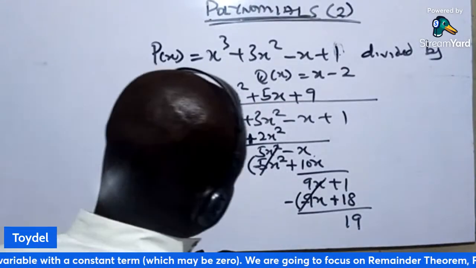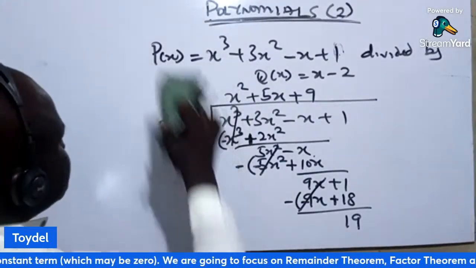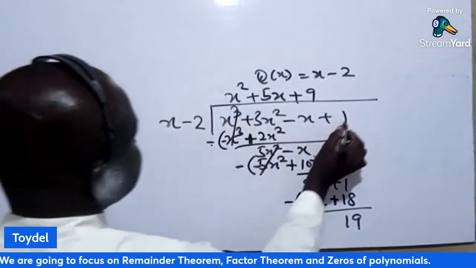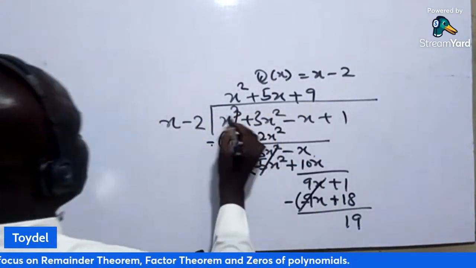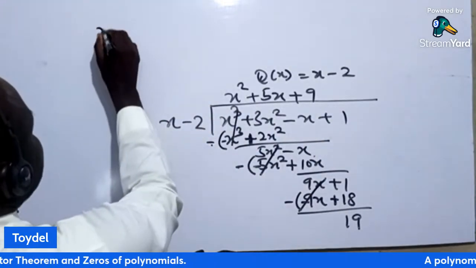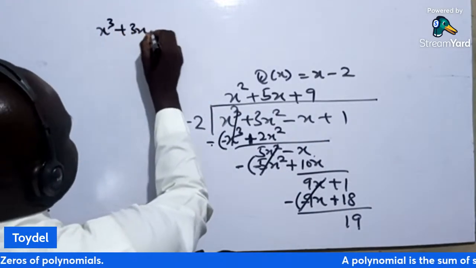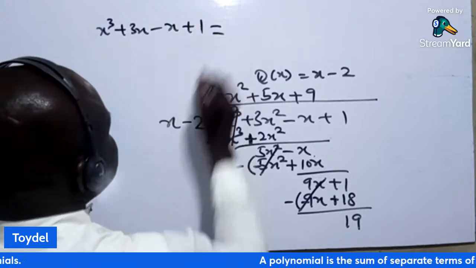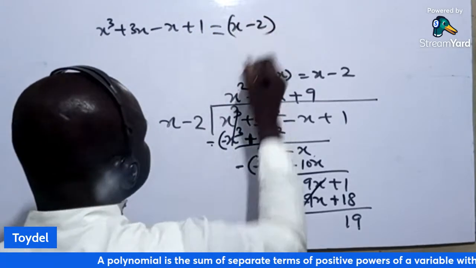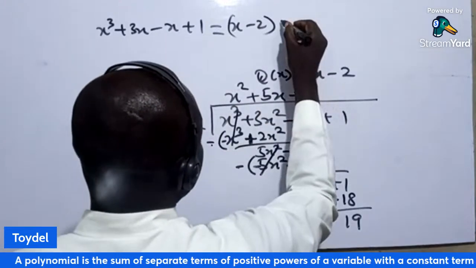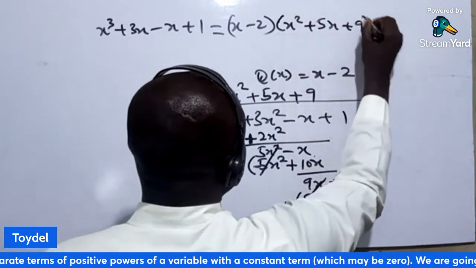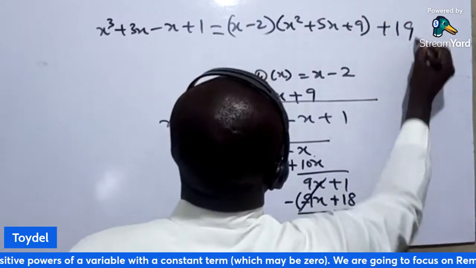So in the last class, I said the implication of this is that this polynomial or dividend, what we are given, x cubed plus 3x squared minus x plus 1, is the same thing as using this divisor, x minus 2, to multiply the result or quotient, x squared plus 5x plus 9, plus the remainder, which is 19.